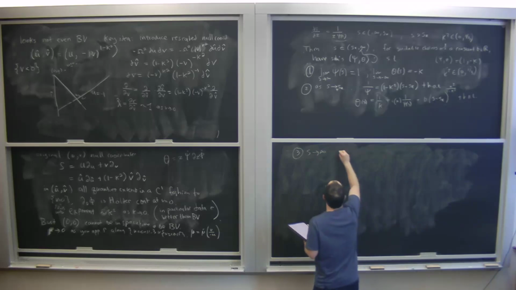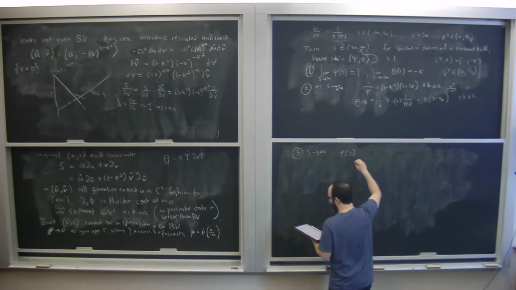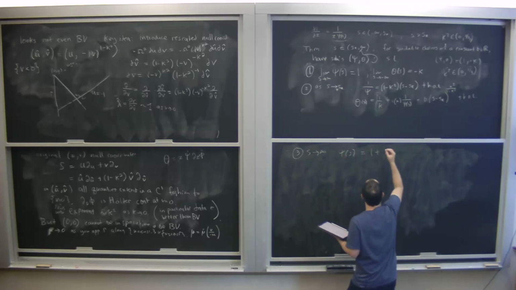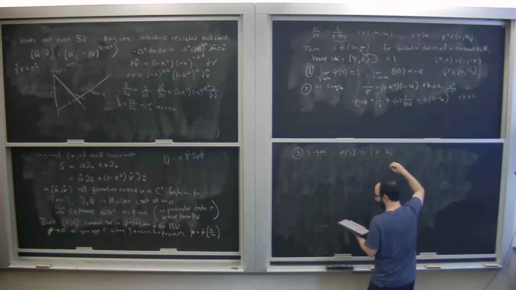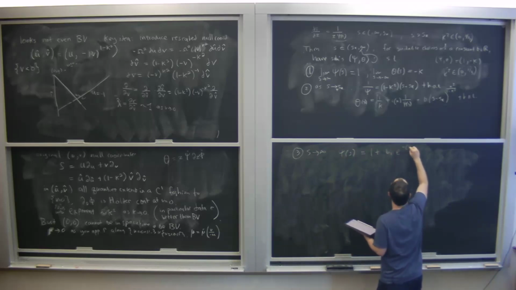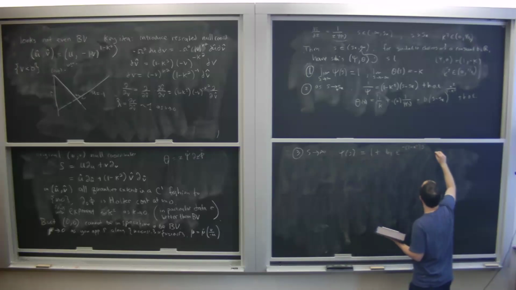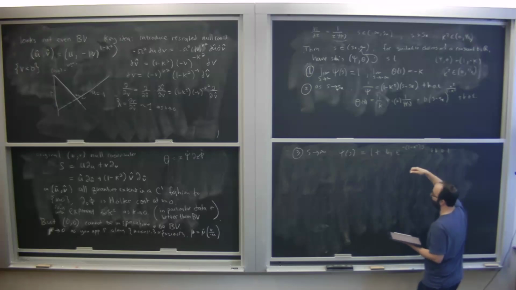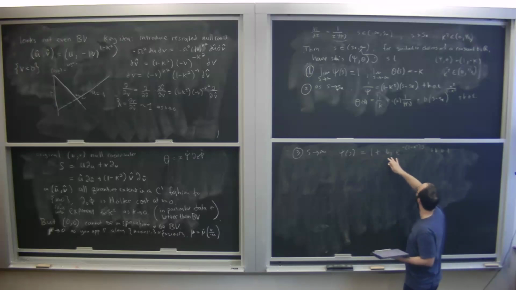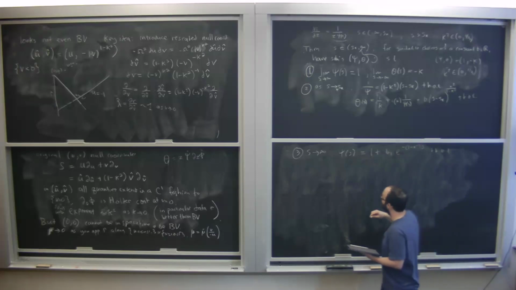But, so psi, as S goes to infinity, it will be like 1 plus some constant times e to the, you get some sort of, let's say, plus higher order terms. You have some asymptotics like this. This constant might depend on the choice of that constant.